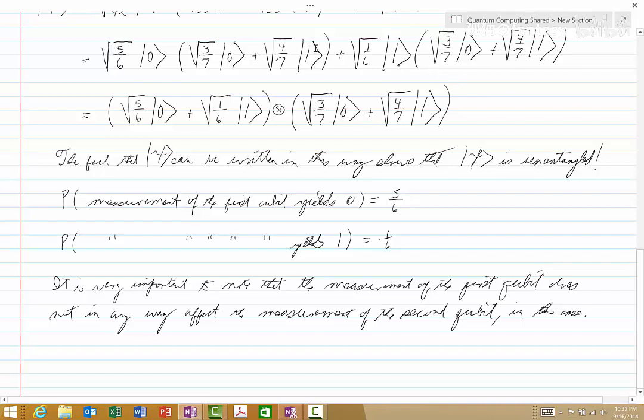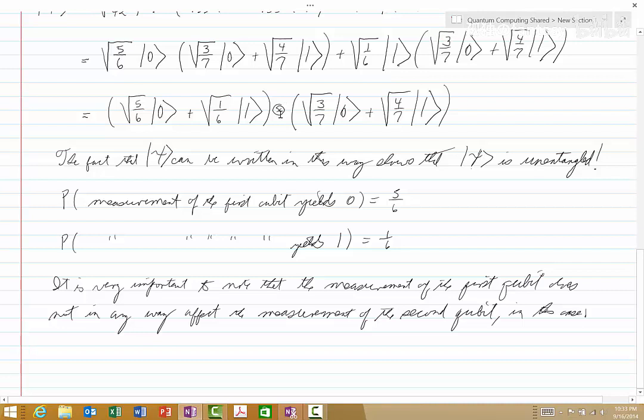So in either case, we conclude that the identity of the second qubit is this, and what that means is that after measuring the first qubit in the standard basis, if then a measurement was performed on the second qubit in the standard basis, then the probability of getting a 0 for that second qubit would be 3/7, and the probability of getting a 1 for the second qubit would be 4/7, regardless of what you had measured for the first qubit. And that's true because this state is unentangled.